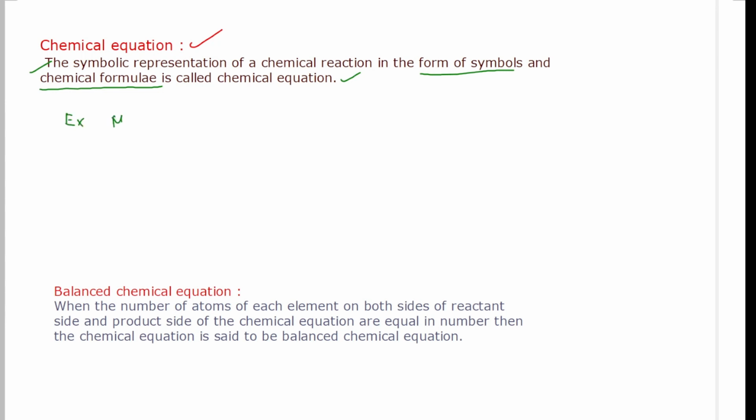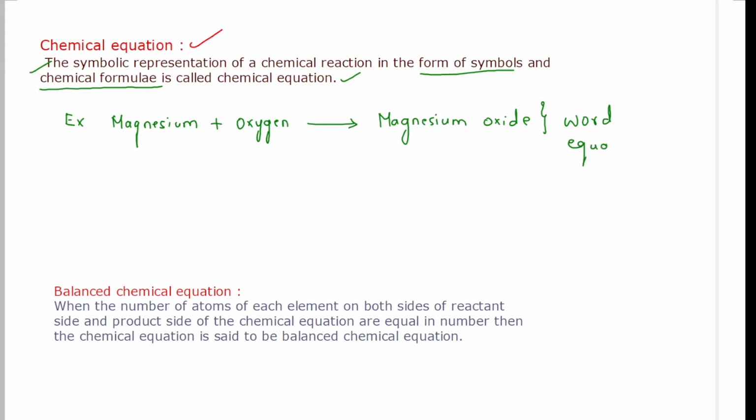Example, magnesium reacts with oxygen. That is, when magnesium is burnt in the presence of oxygen, we get magnesium oxide. This is called a word equation.